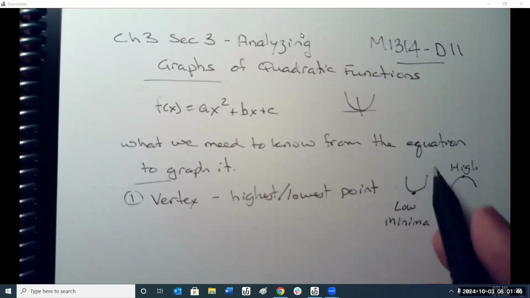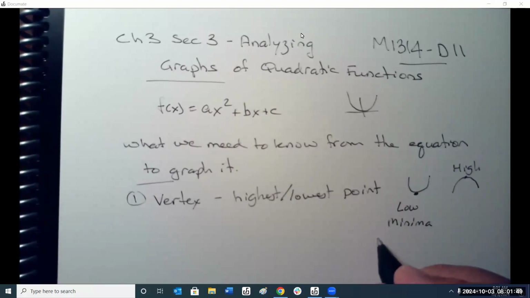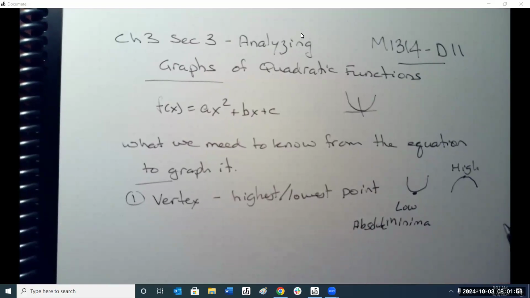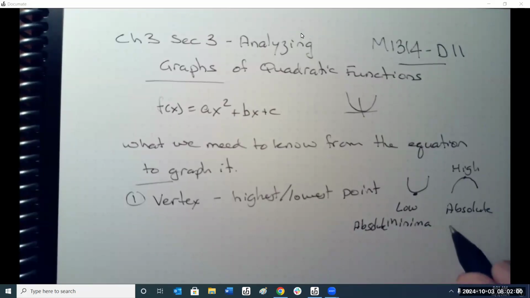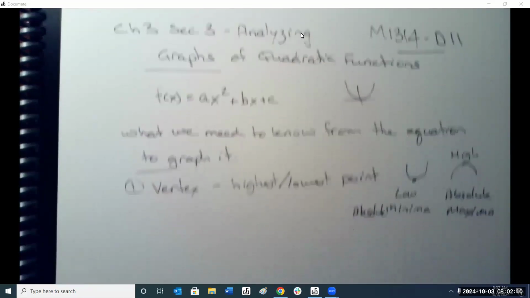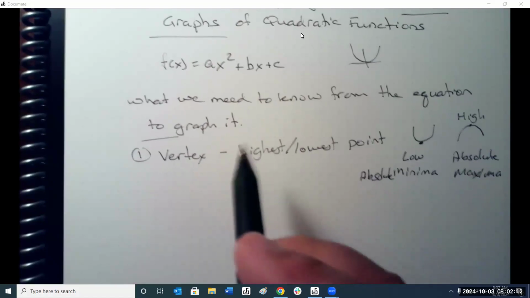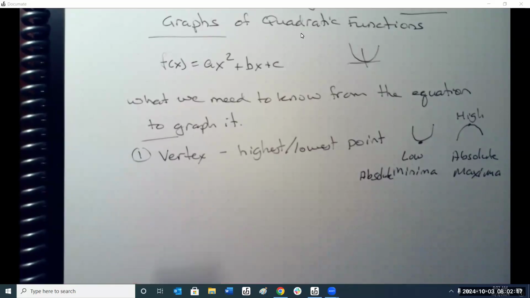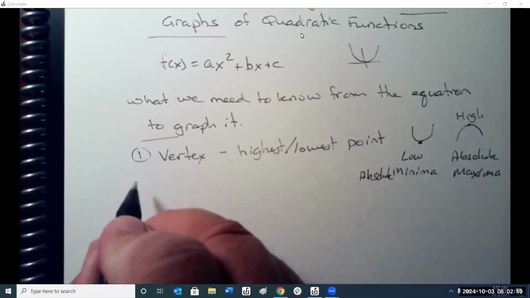But since it's on the bottom of the entire thing, it's the absolute minima or global minima. And this one's the highest, so it's the absolute maximum. It should be maximum because it's singular. Okay, so from this equation, we're going to look at finding those two pieces, whether it's the highest or lowest point, and the location of it.